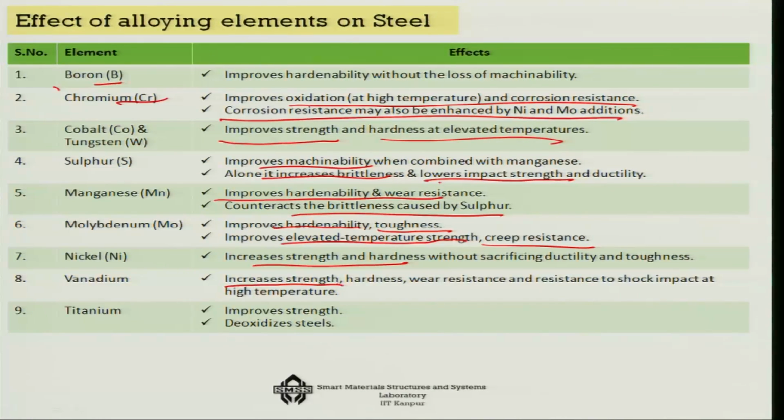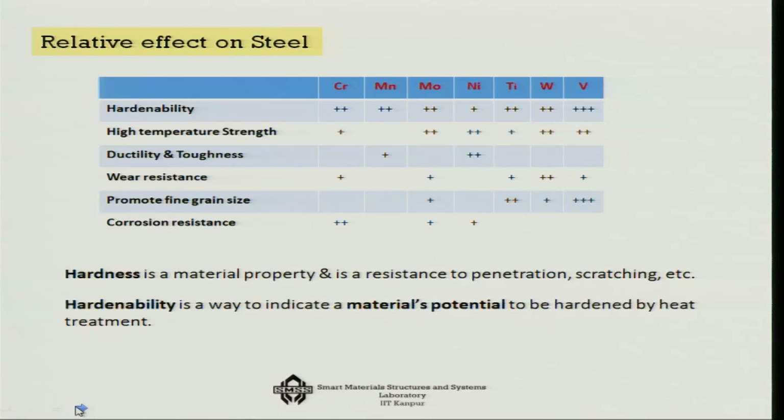Vanadium increases strength, hardness, wear resistance and resistance to shock impact at high temperature, and titanium improves strength as well as deoxidizes the steel. So, these are some of the contributions of the alloying elements to the properties of the steel, which if we know, we should be able to give proper guidance in terms of steel alloy making.